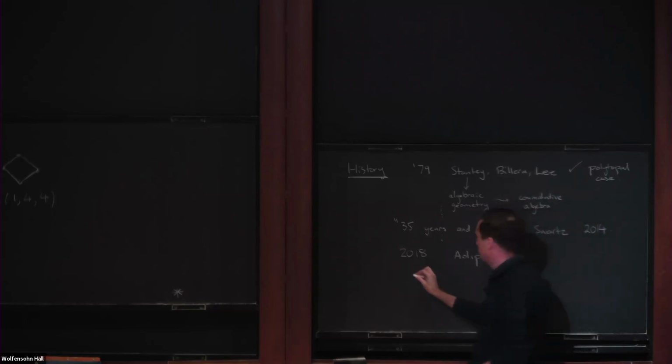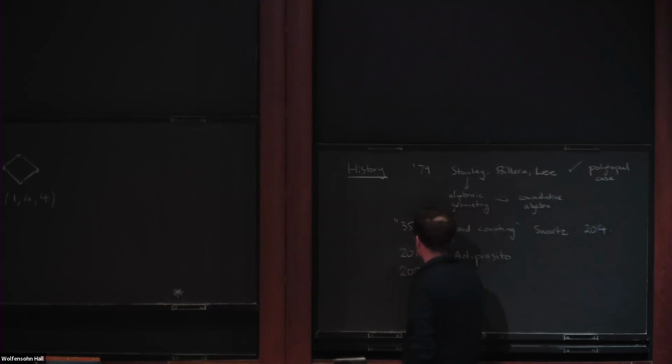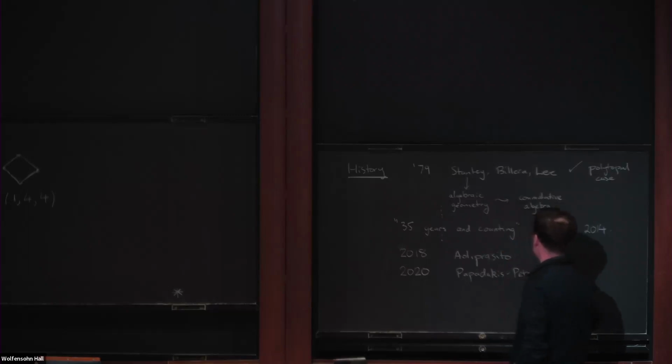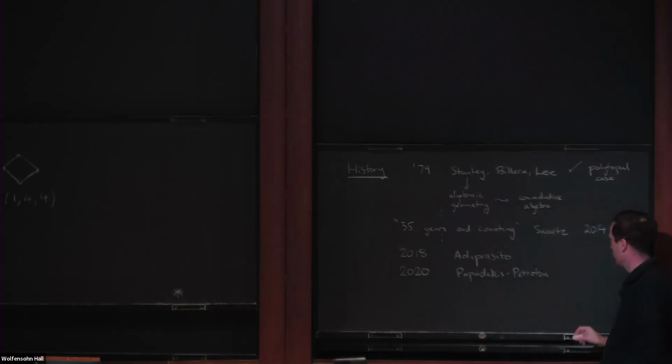And then in 2020, and this was what I was referring to before, a different proof was given by these two mathematicians, Papadakis and Petrotou. And just very quickly, they worked in characteristic 2, and they proved something called, so this is what I will talk about in this talk, a property called anisotropy of a quadratic form.